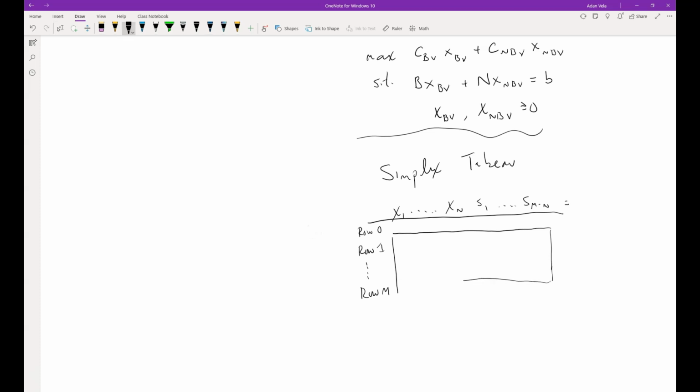Now, effectively in our Tableau, we have 4 different parts that we need to worry about. The first part has to do with the coefficients of the objective function.